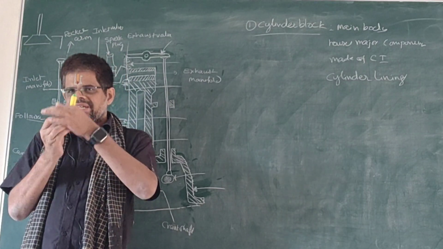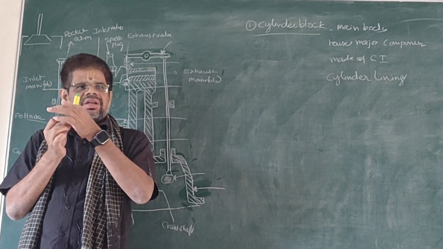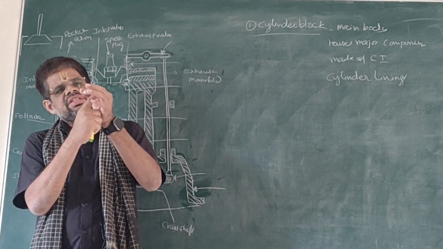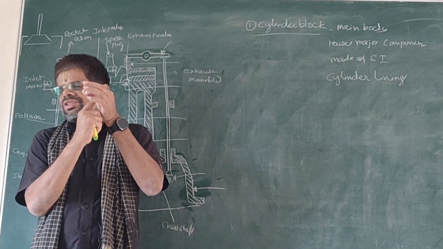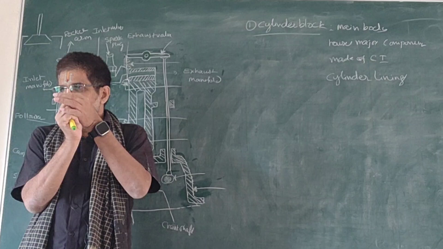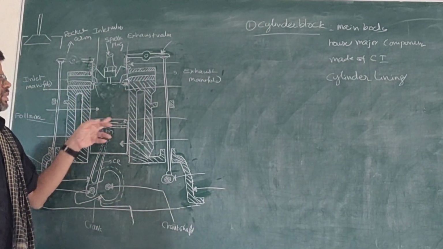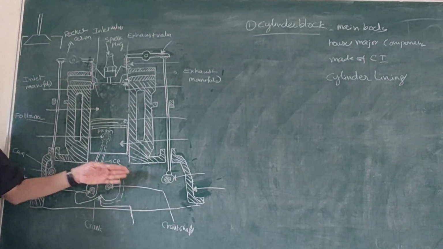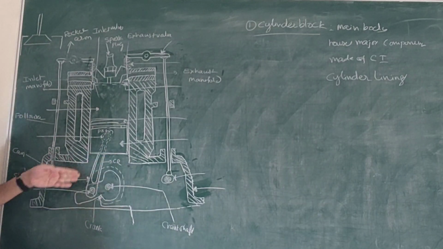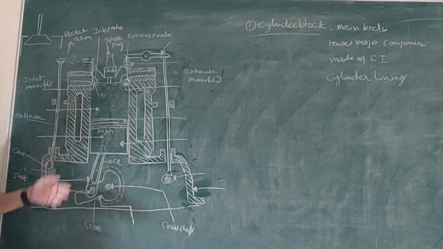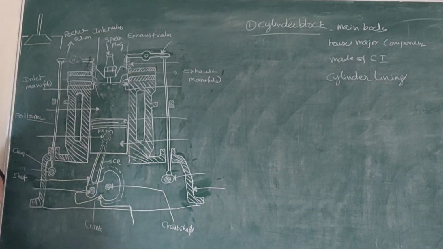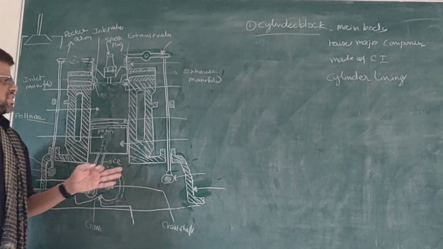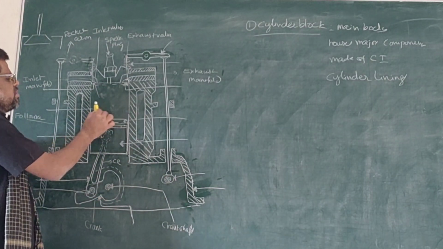When the piston reciprocates continuously, these surfaces may be worn out, so the diameter will increase. Then the combustion gases will escape through this gap into the bottommost space, called the crankcase. That causes a power loss. So in order to avoid this, there are cylinder liners.